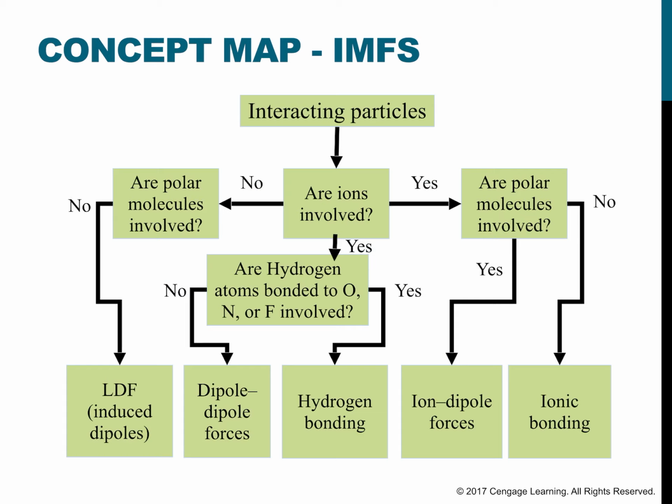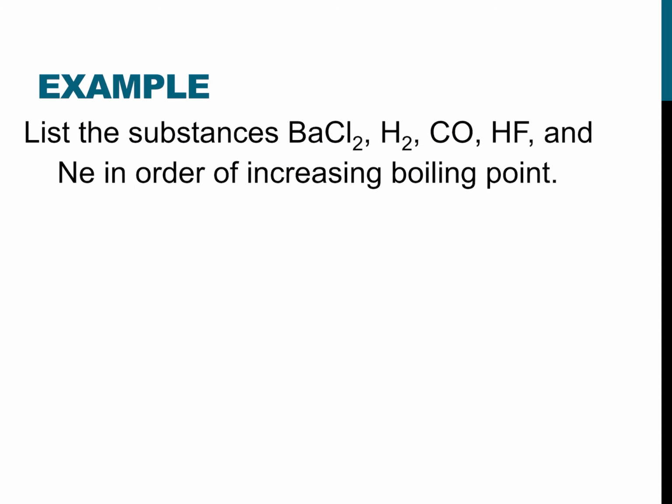And remember, London dispersion forces are the weakest, and ion dipole forces are the strongest of our intermolecular forces. But ionic bonding and covalent bonding are the strongest out of all of them, because intramolecular forces are much stronger than intermolecular forces.